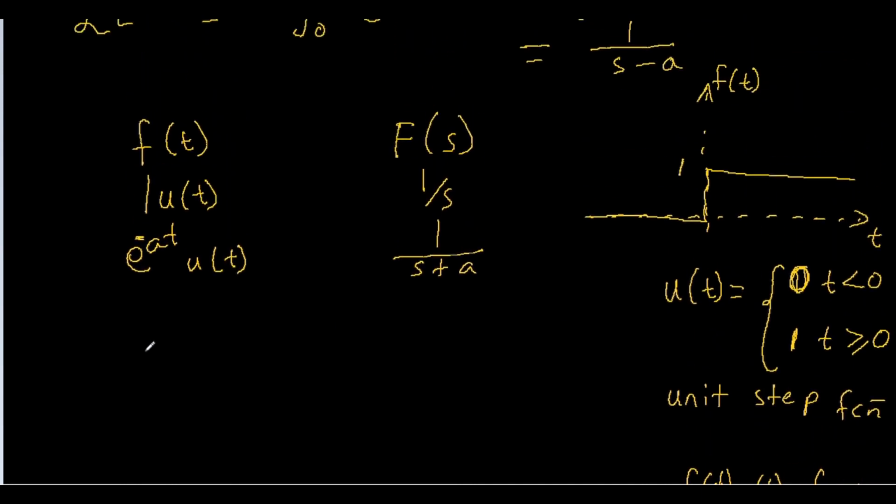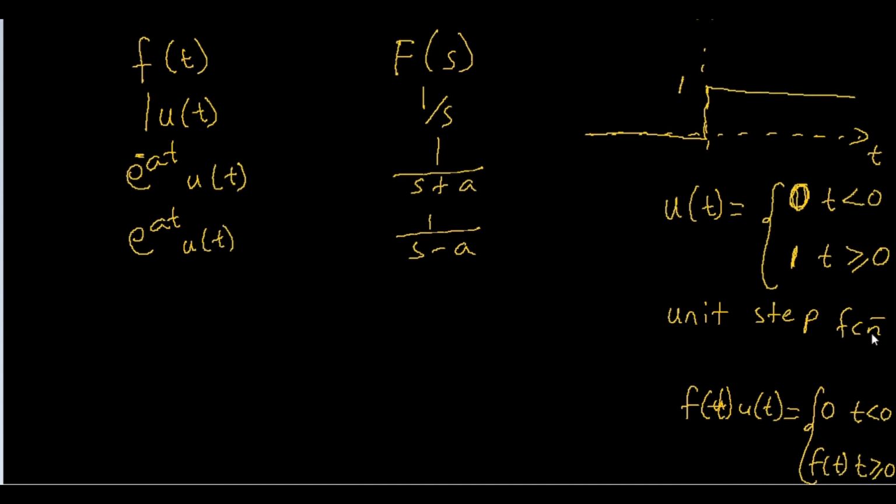The third example we picked in this video was e to the power of at u of t, and that is 1 over s minus a. There are several other time functions we have. For example, sine omega t multiplied by u of t, and the Laplace transform for this is omega over s squared plus omega squared.